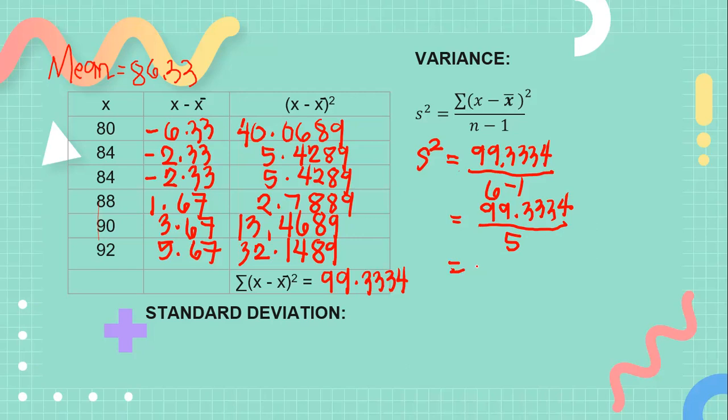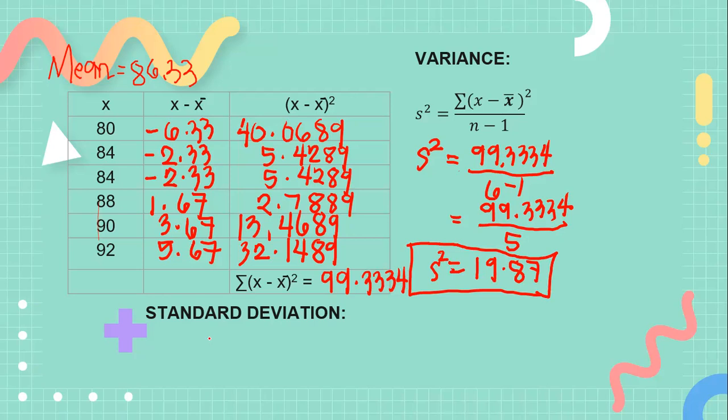Very good. It's 19.87. So meaning, class, that is our variance.